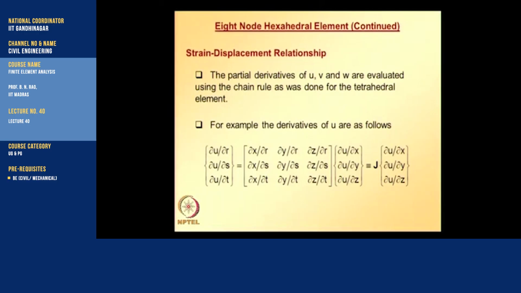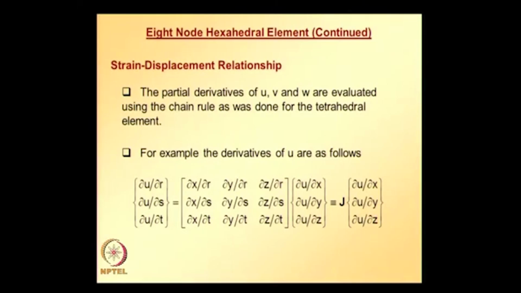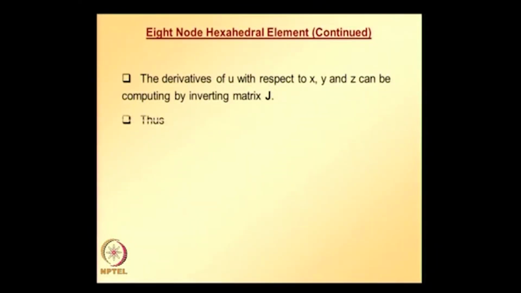So, this is where we require the partial derivatives of x, y, z with respect to R, S, T. Once we know these, we can easily find J, which is the Jacobian matrix, and this is the inverse relation.